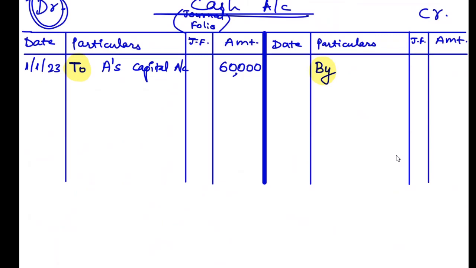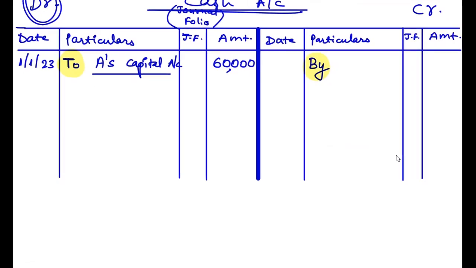Now, if you have used one account, that is A's capital account, what do you need to do? You have to prepare A's capital account also. Now, just below this, I will prepare A's capital account.